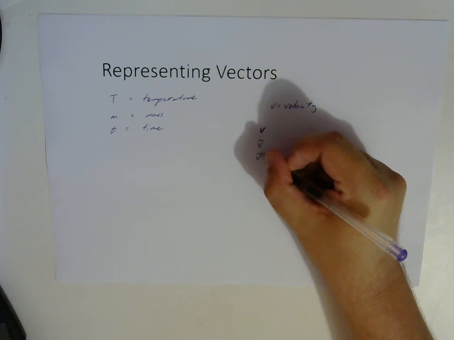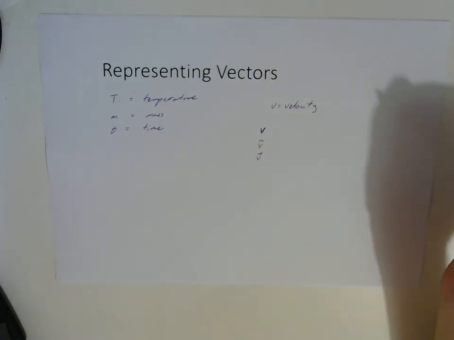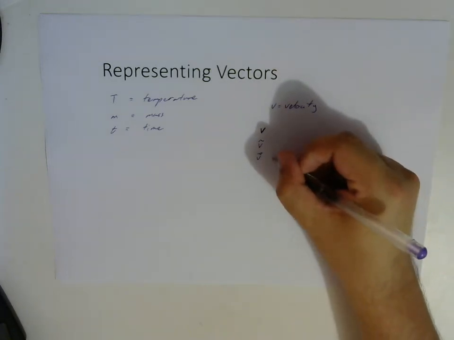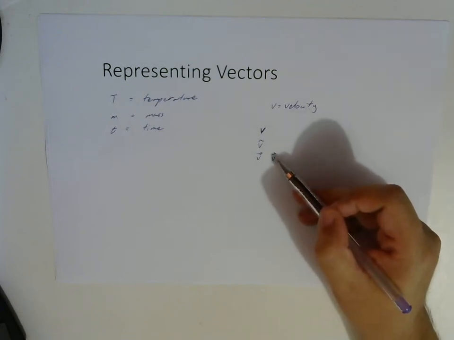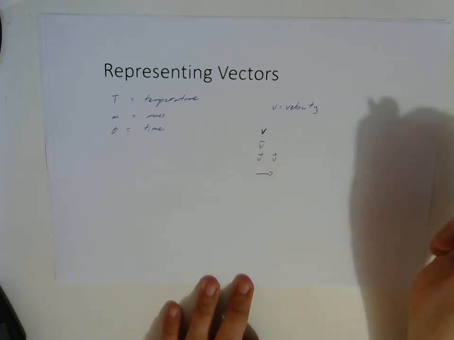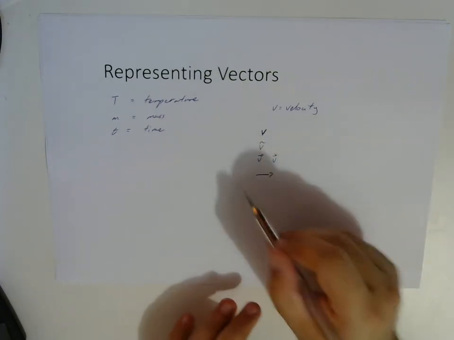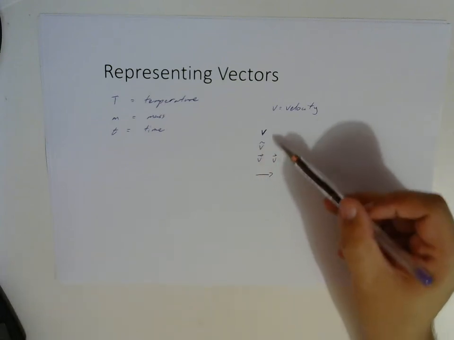You can give it an arrow, so V with a little arrow over the top, and it might be an arrow with the whole arrowhead around it, or it might be an arrow with just half of one. Some texts will use this version instead. Finally, it can actually just be drawn as an arrow. And the length of the arrow and the direction the arrow is facing tells us stuff about the vectors.